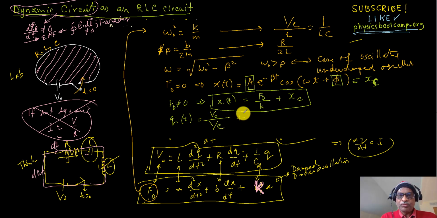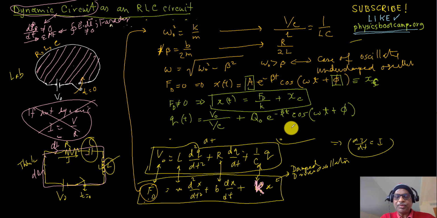And then you have an xc, which is some q0, so q0 e to the power minus beta t, cosine of omega t plus some phi. So that's the answer for q. Again, these are still not determined. This is not known and this is not known yet, because that has to be fixed given the initial situation.